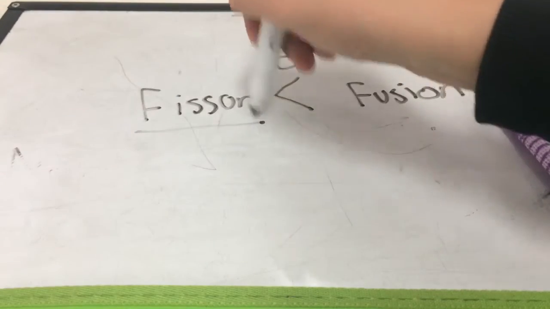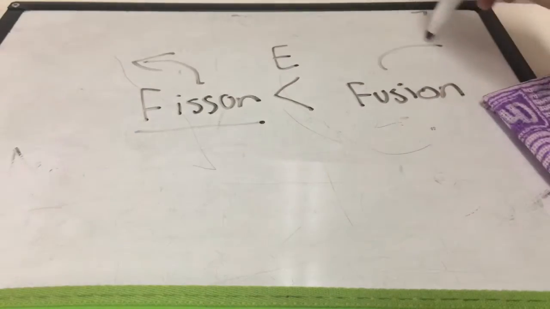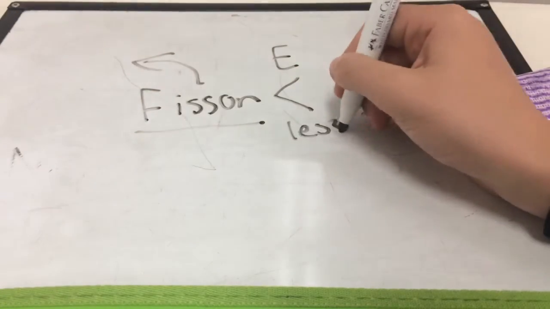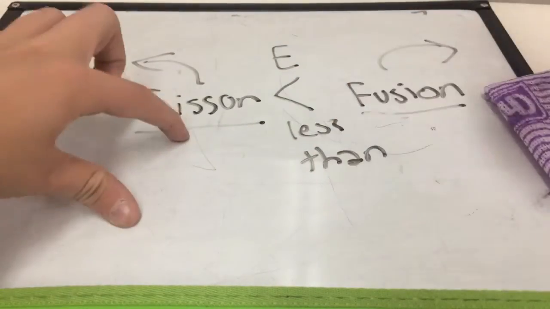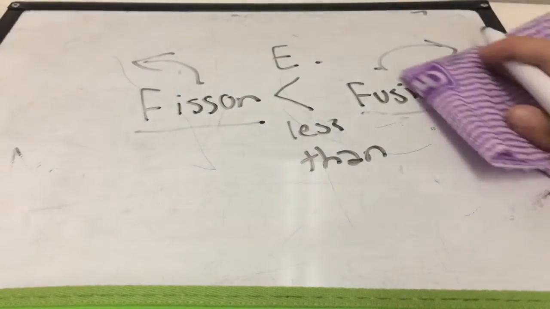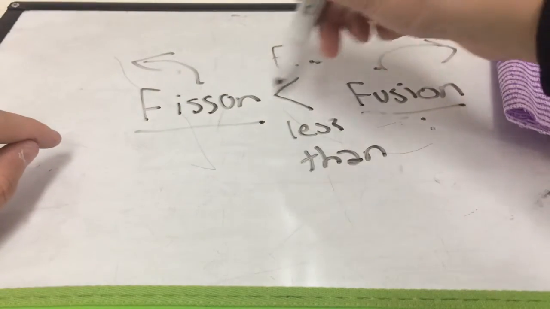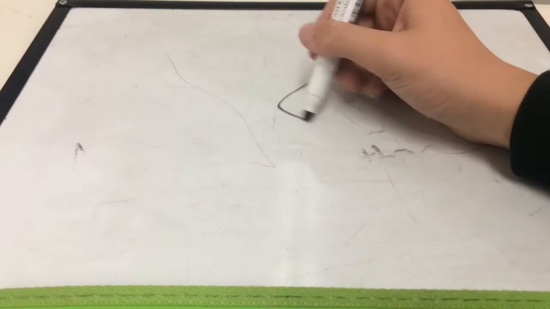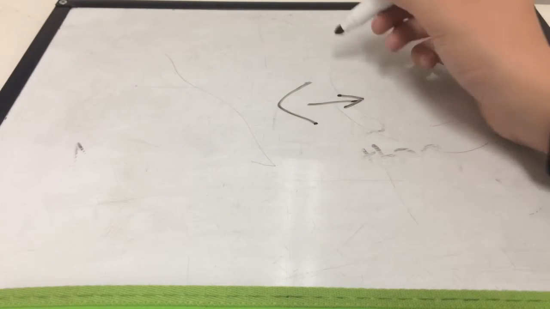So this is basically a less than symbol: fission's energy is less than fusion's. Fusion's energy, since it's the other way around, is greater than fission's. I'm guessing you should all know what less than and greater than are. Use the crocodile method, whatever way works for you. The mouth always faces the bigger one. I think you get the point.